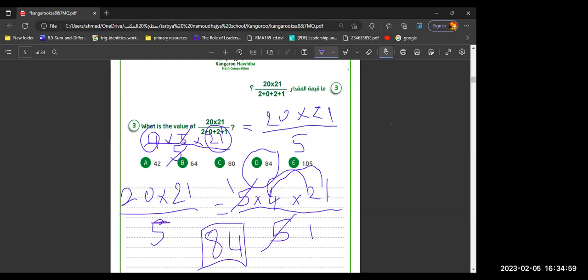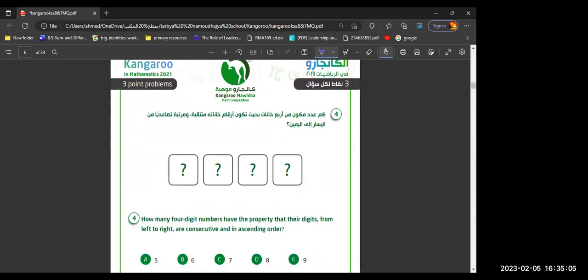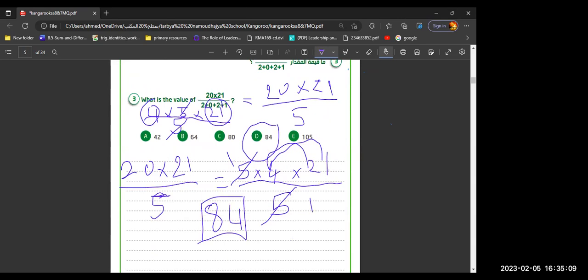Okay, should we move on? Mister, there's another way. What is it? Tell us. Mister, when you multiply 20 by 21, it will be 420, and then you divide 420 by 5.